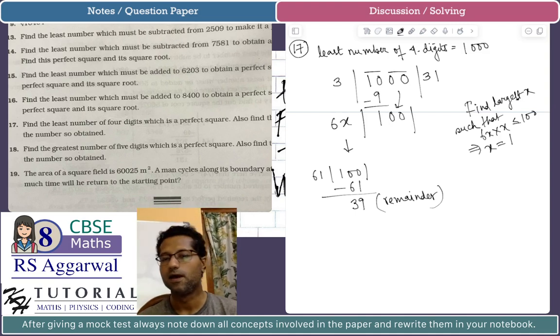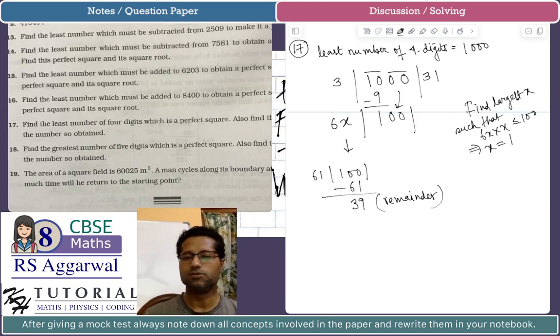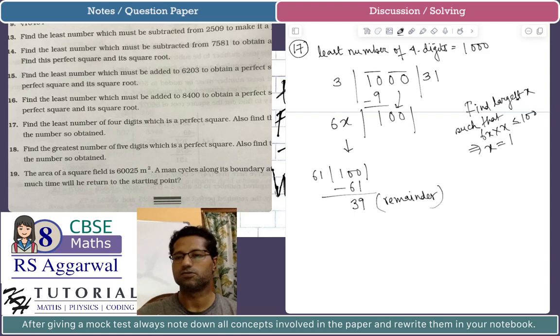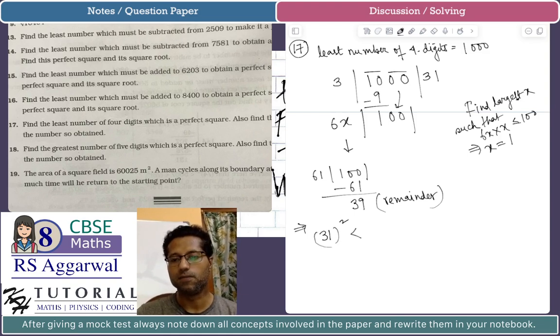We definitely have to add something to 1000 to make it a perfect square. So the question is, what is the least number that must be added to 1000 to make it a perfect square? We can see that the quotient is 31. 31 square is obviously less than 1000 because it leaves a remainder of 100.